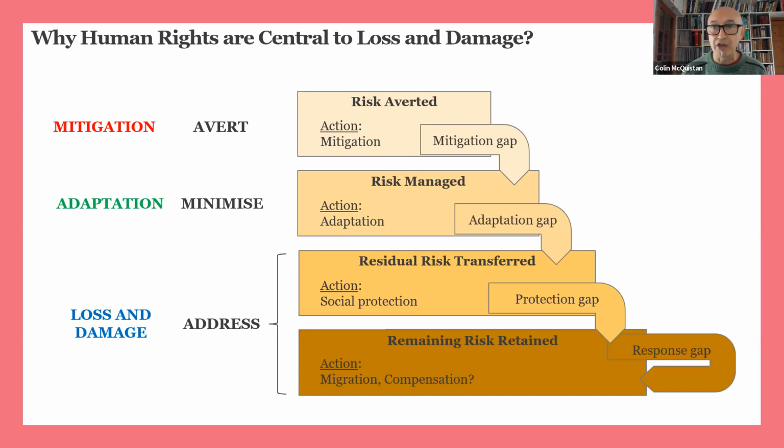Loss and damage is about addressing the consequences of failure to mitigate climate change, which is leading to irreversible impacts that we can no longer respond to. When a small island disappears under the sea, we can't drain the ocean and bring it back above sea level. That's an irreversible impact.